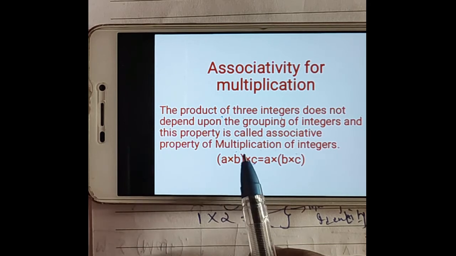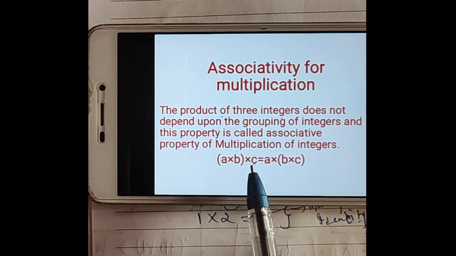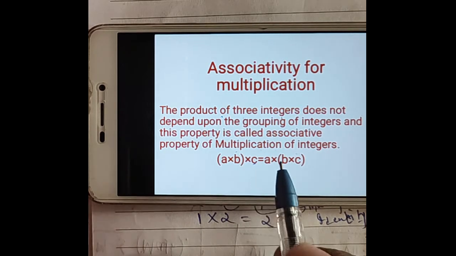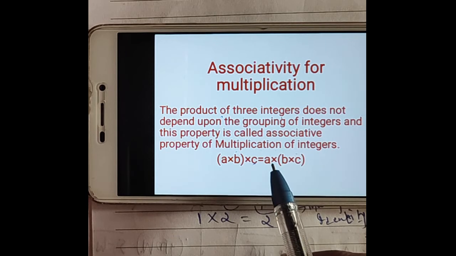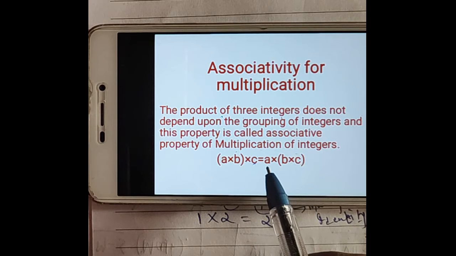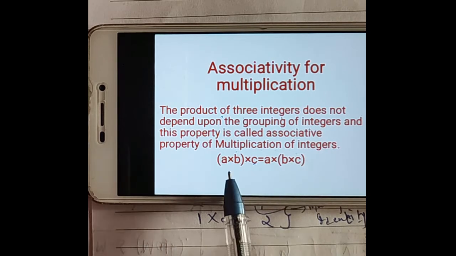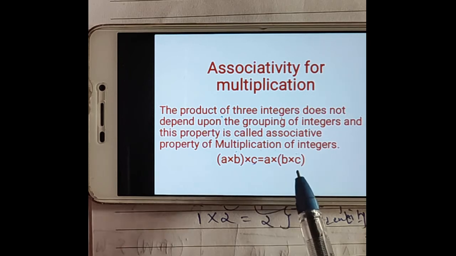The bracket indicates that a and b are more closely associated compared to c. Similarly, on the other side, b and c are more associated than a. But on both sides, left hand side and right hand side, the result will be the same.